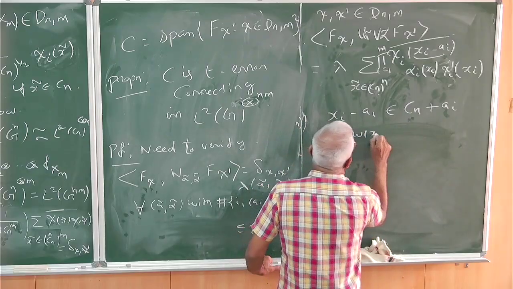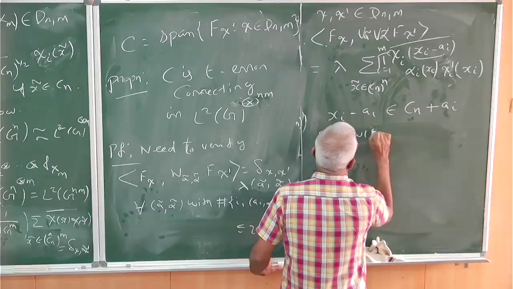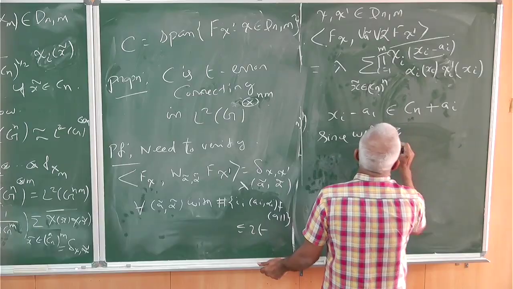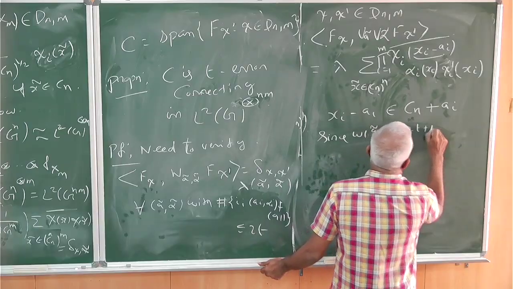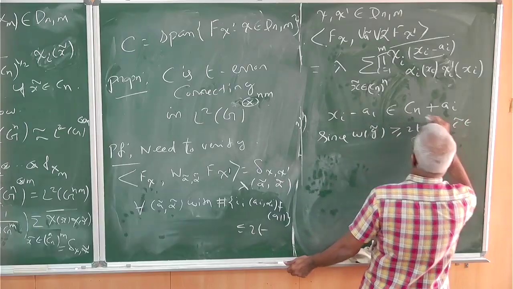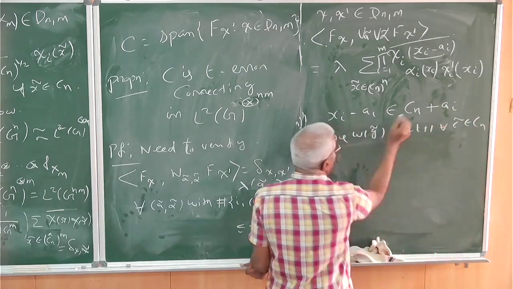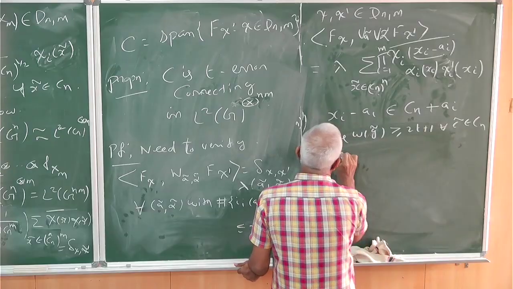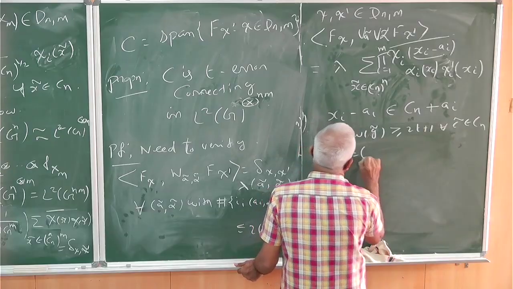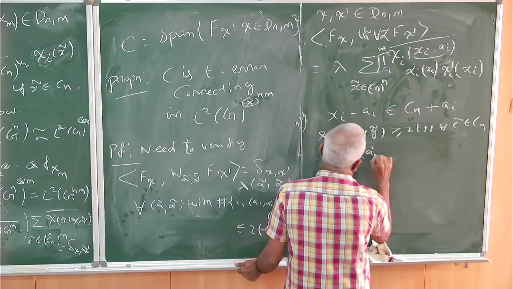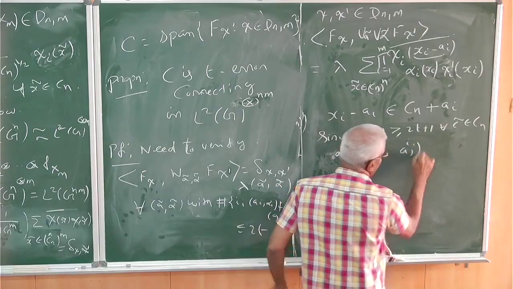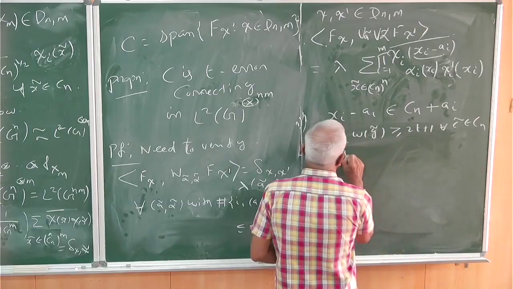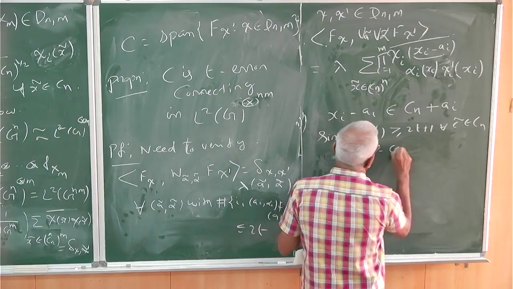Since W of x theta, whatever, W of g theta is greater than or equal to 2t plus 1 for all theta in Cn. And in A_i, A_i is actually T, correct?